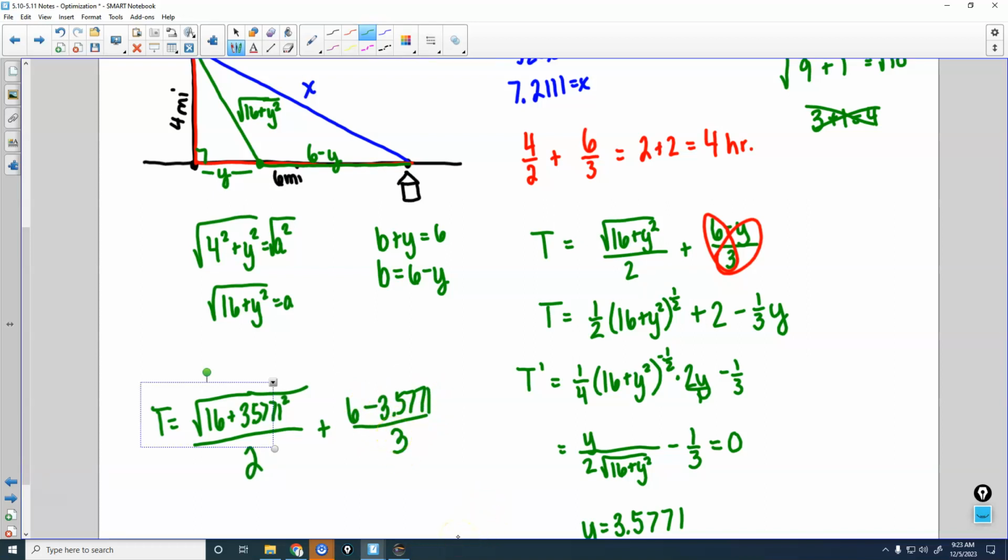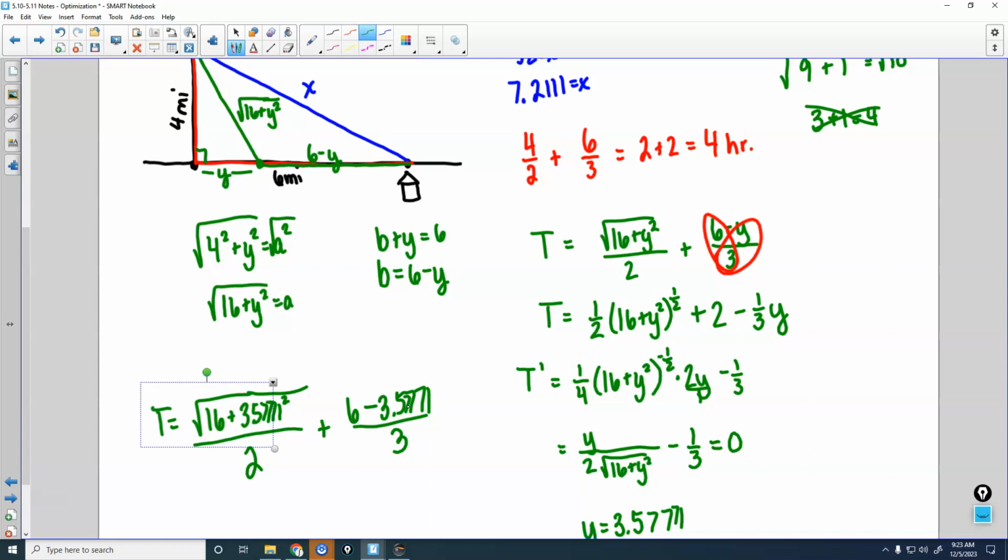If we do that in the calculator: square root of 16 plus answer squared, divided by 2, plus 6 minus the answer divided by 3.